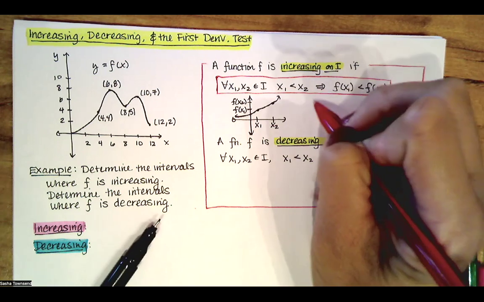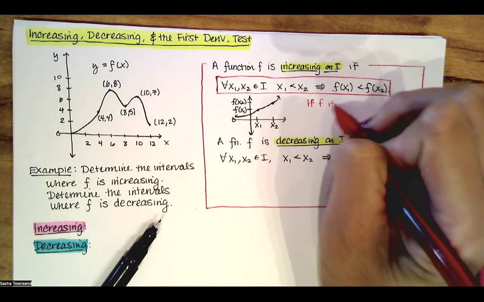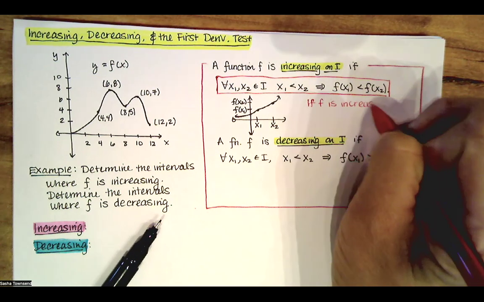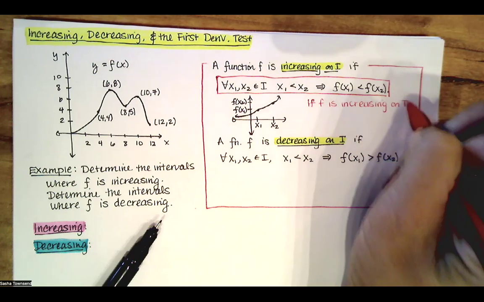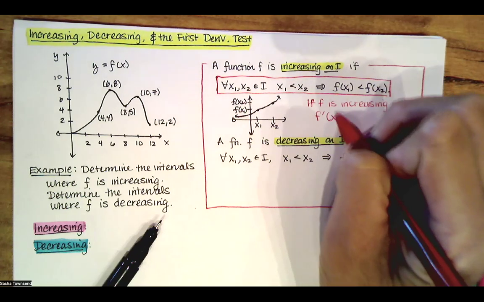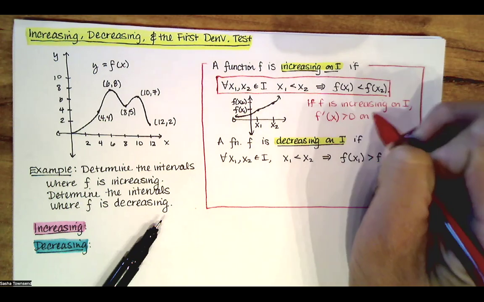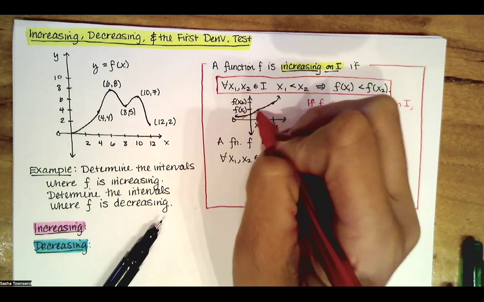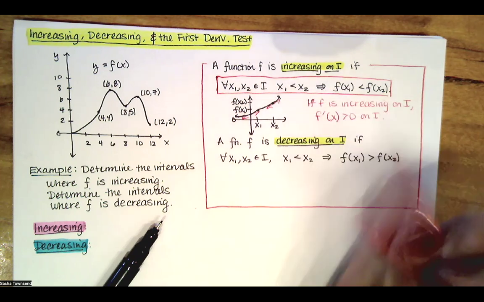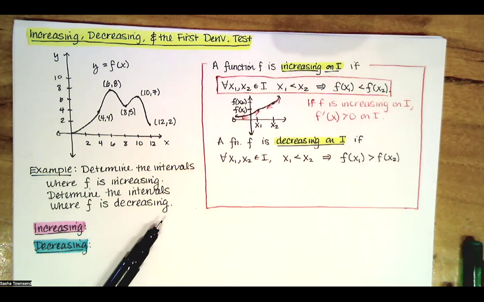If f is increasing on I, then f prime of x is positive on I, because all of our tangent lines are going to have positive slope anytime our function behaves that way.